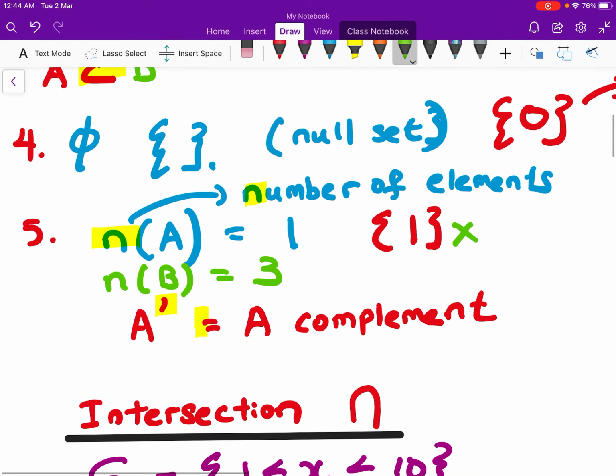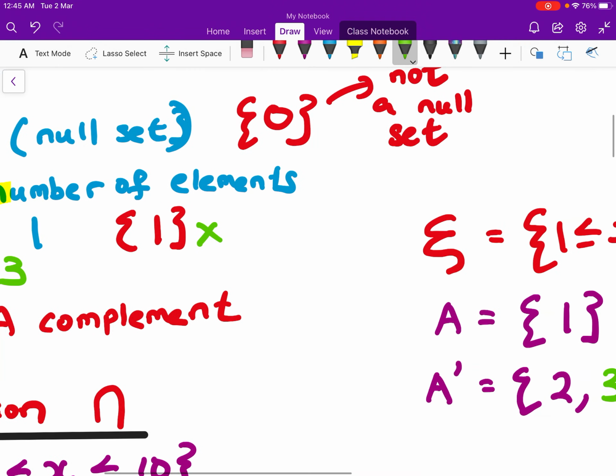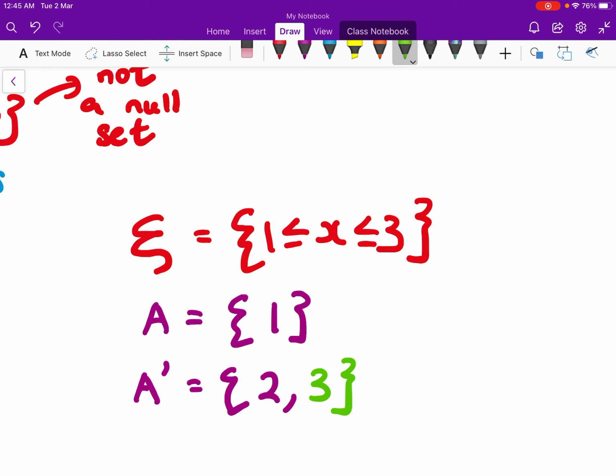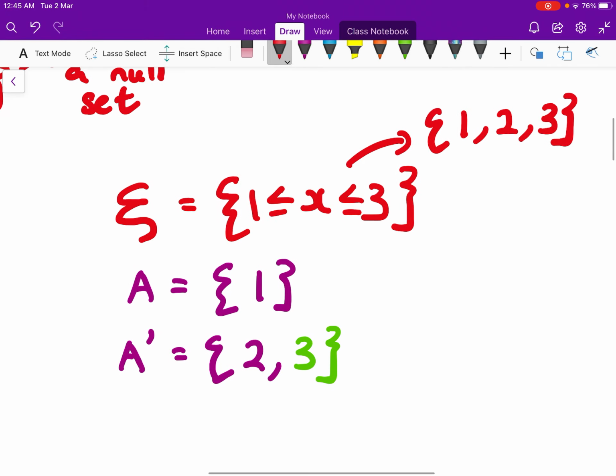Last but not least, A prime. What is A prime? A prime basically tells us A complement. Let me give you an example. You will always be given a universal set. Your universal set is basically {1, 2, 3}, so just put it inside the bracket, and A is {1}.